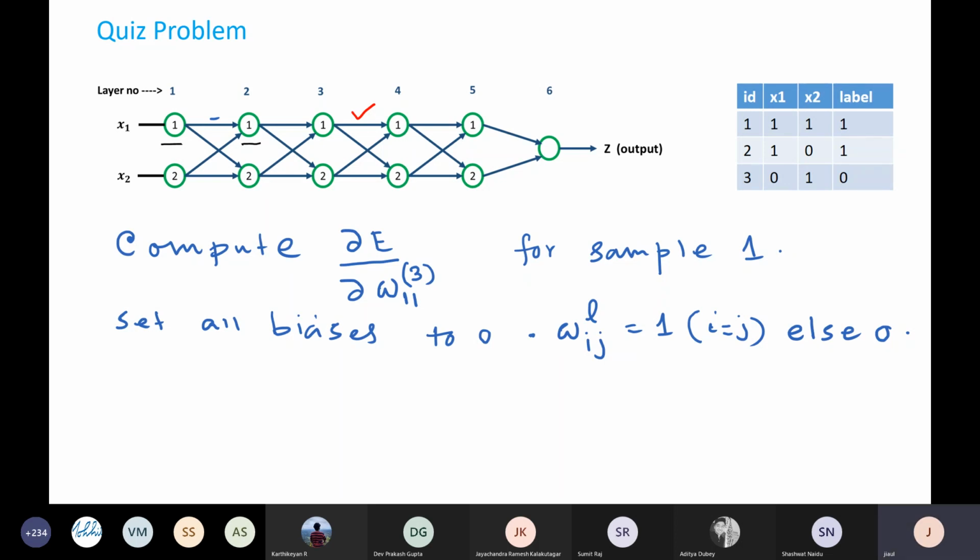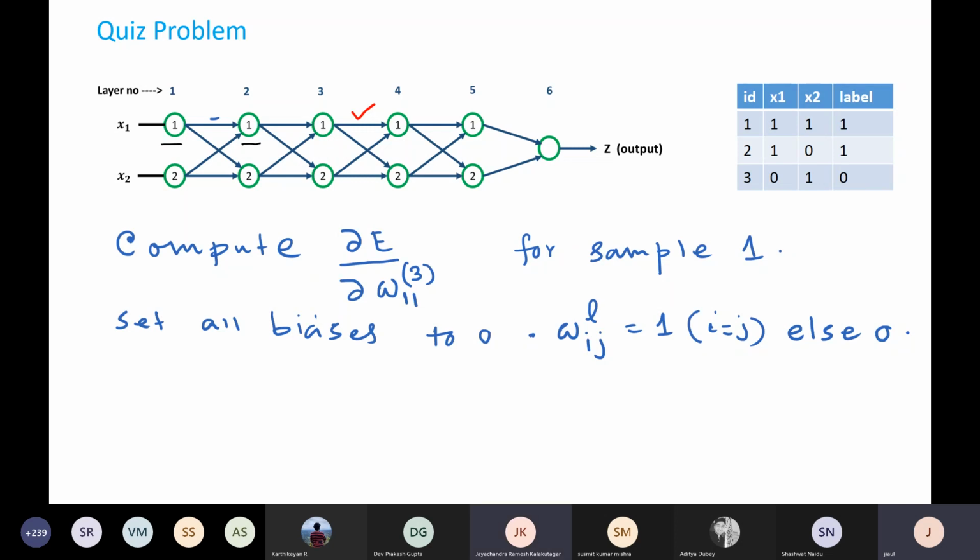But in order to compute dE/dW311, what next do you have to do? We have to identify the weights it will affect while going forward. We have to find the weights which will be affected if W311 is changed. No, you have to compute the derivative. dE/dW311, so how do you compute that?